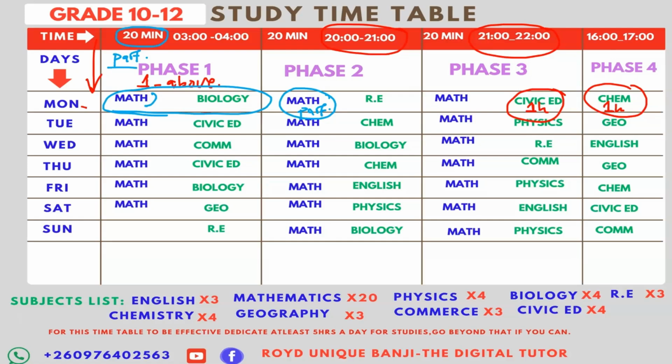Topics also come in parts. We have one topic that comes in paper 1 and paper 2, the same topic. So maybe in the first case, you answer questions on sets from paper 1. Then in the second session, you answer sets from paper 2. Then you continue with RE.